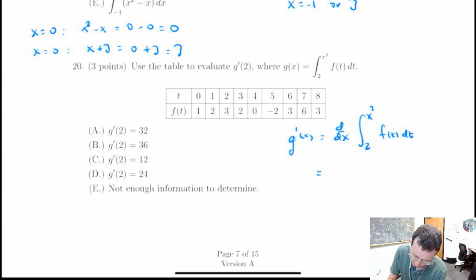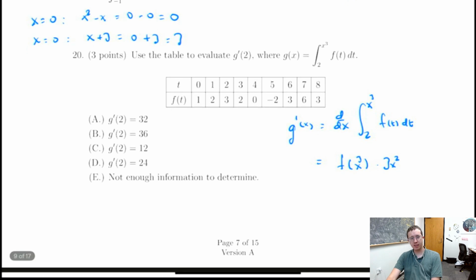It says that I take the upper bound, substitute it in for t in the integrand, but then if it was just an x up here, I would just get f of x and I'd be done. But since it's not just x, the chain rule also requires me to multiply by the derivative of the x cubed.